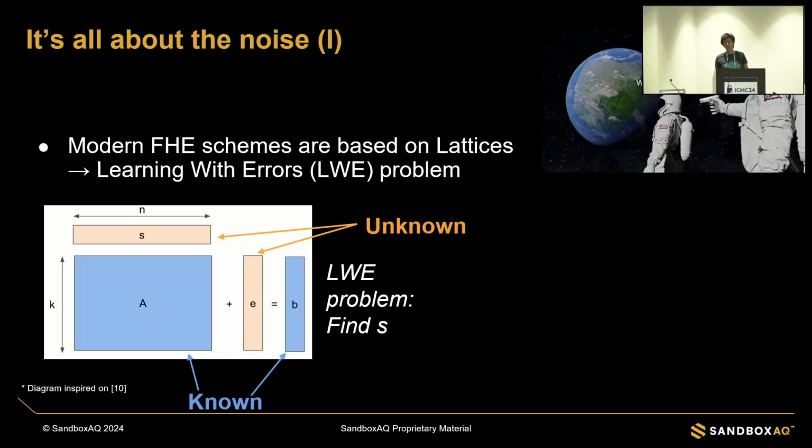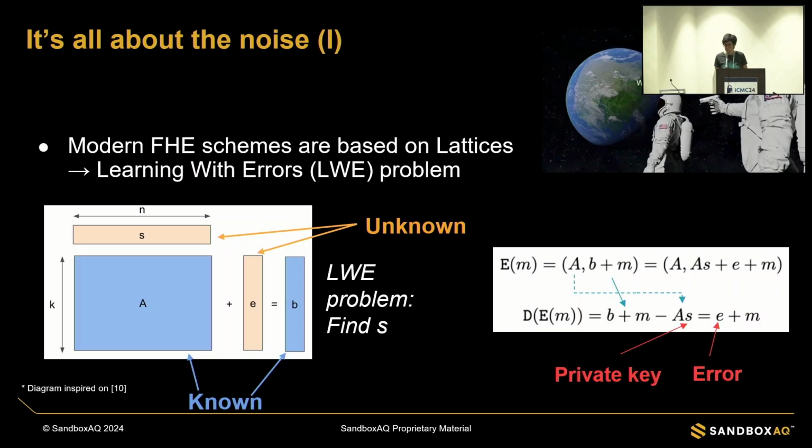And the way we use this for encryption is basically this. We can encrypt a message by using the learning with errors problem as a basis. The first part of the ciphertext will be the known matrix A, and the second part of the encryption is the result vector B plus the message that we want to encrypt.